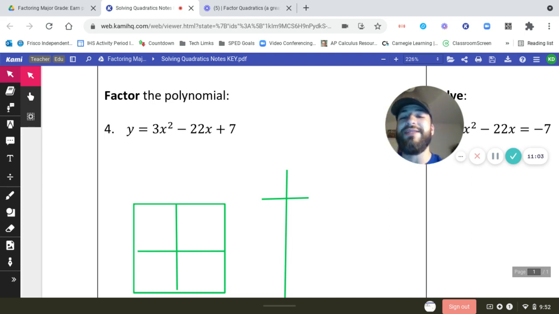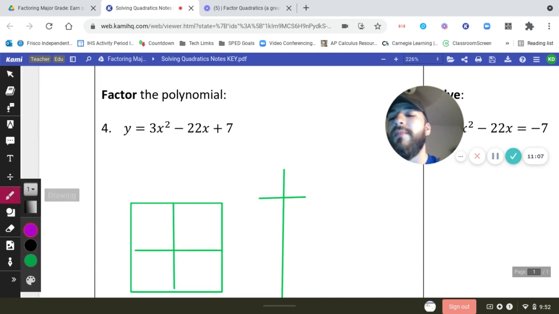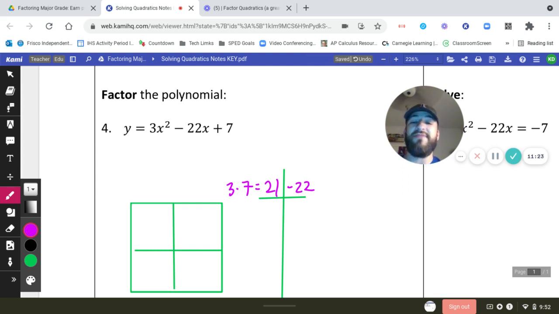So our first step is a times c, which would be 3 times 7, which is, of course, equal to 21. So we want factors of 21 that add up to our b, which is negative 22. Once again, our b is negative and our ac is positive, so we want negative factors, because negatives multiply to make a positive but add to stay negative.